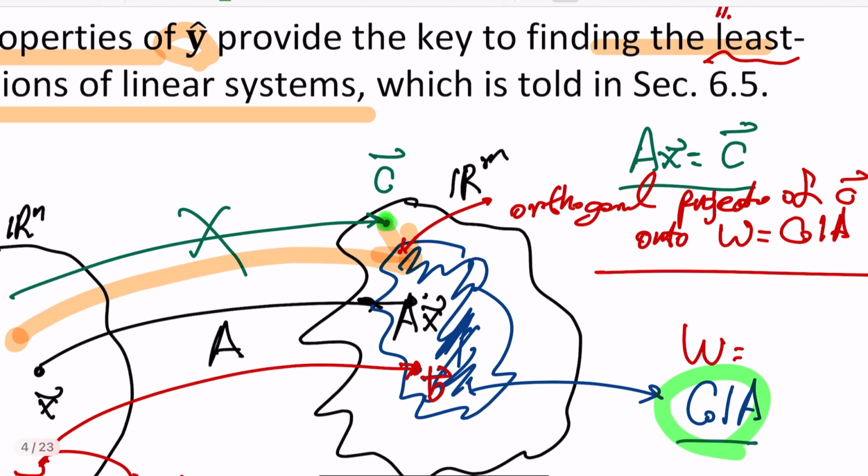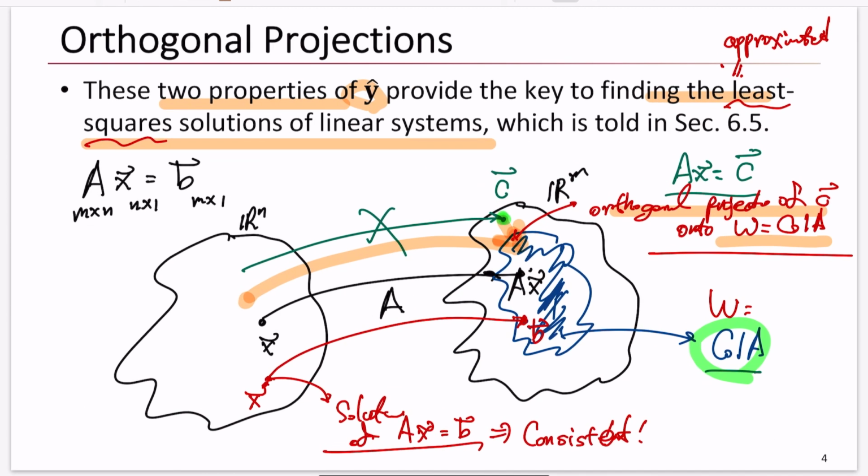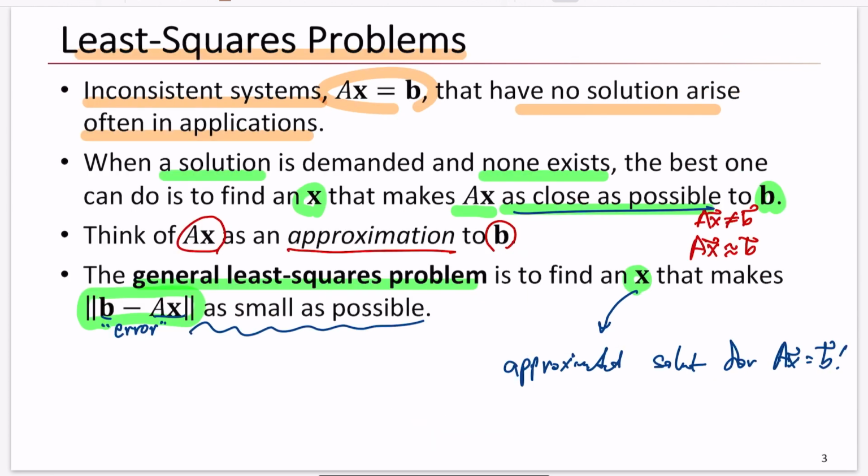So maybe the orthogonal projection of c onto the W space or column space is going to be the closest vector in this space. The least square solution is going to be exactly the same. So the question is how to find x that satisfies this. That's today's topic.